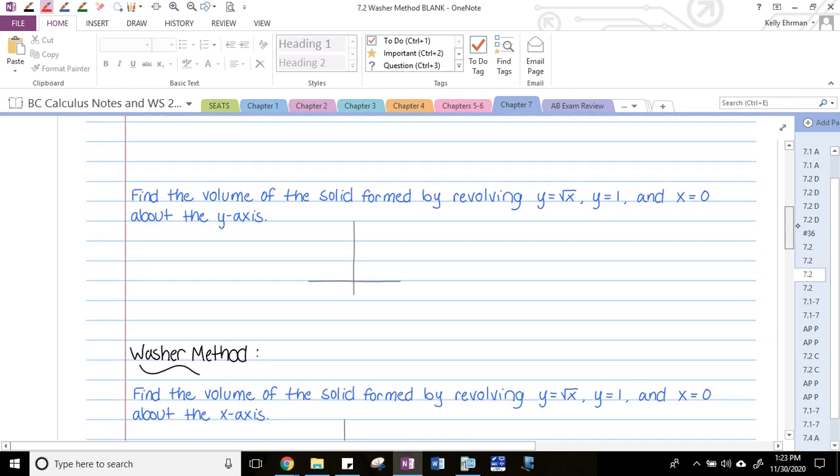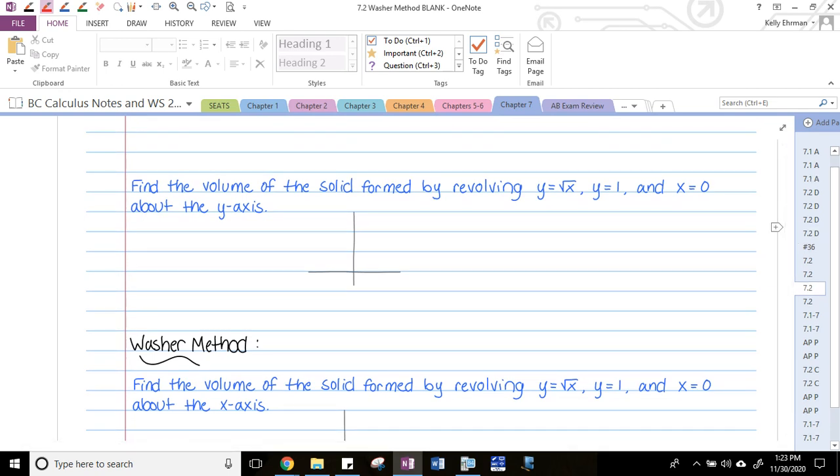To have more time to do the washer method, I want to get through these examples. Find the volume of the solid formed by revolving square root of x, y equals 1, and x equals 0 about the y-axis. Okay, so here's square root of x again. But remember, that's the square root of x graph, yes, but we want it in terms of x when we're integrating.